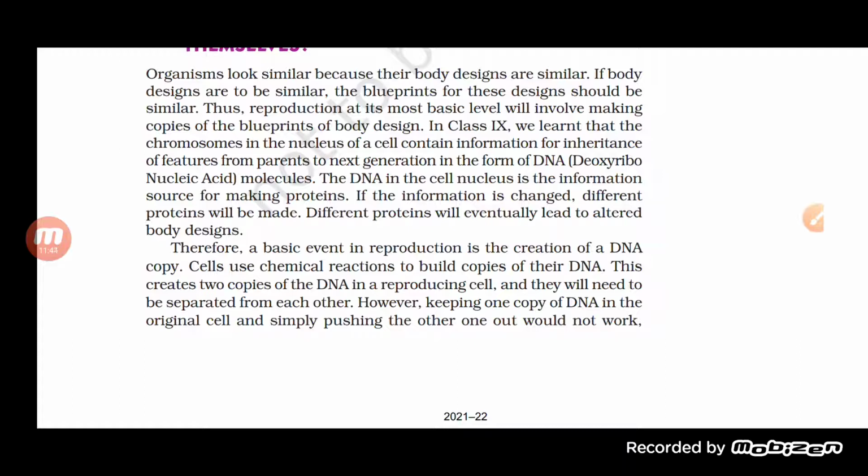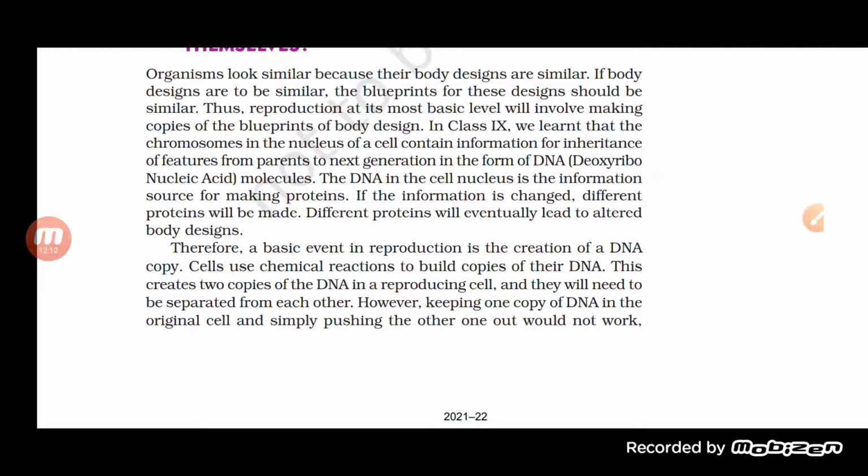See, we are what? We are very similar to our parents. Why is it so? Because some of the characteristics have been given by parents to us. The chromosomes are carried from the parents to the offspring, half from the mother, half from the father. And it is because of that we look similar to our parents, to our father or to our mother.